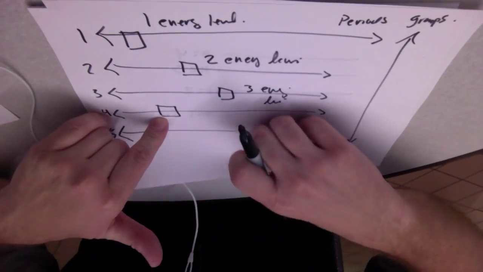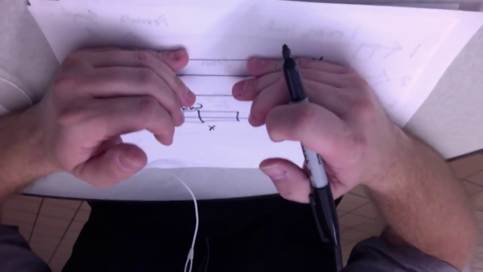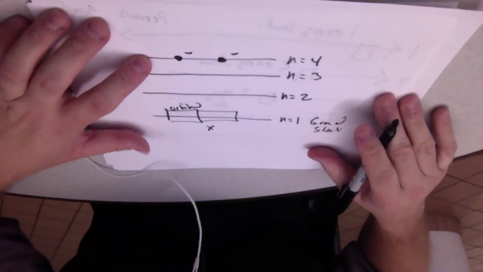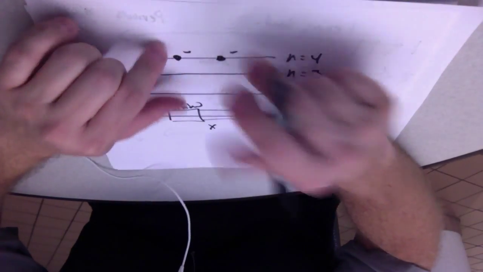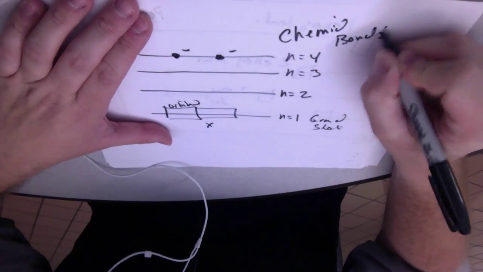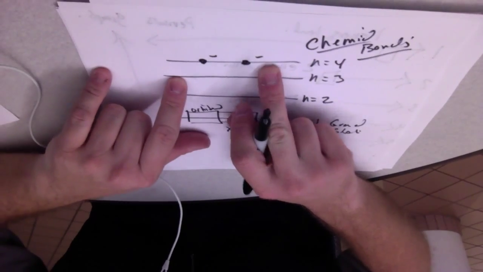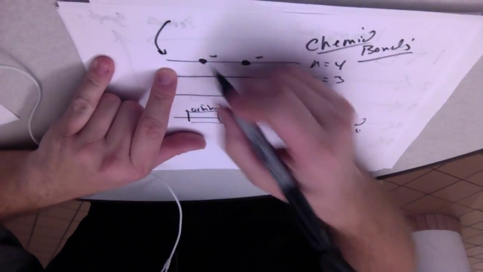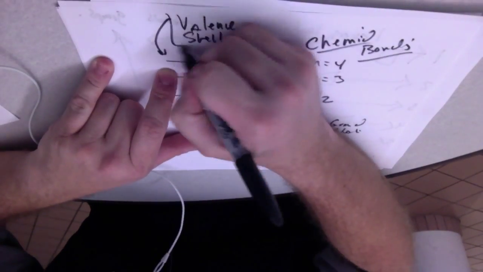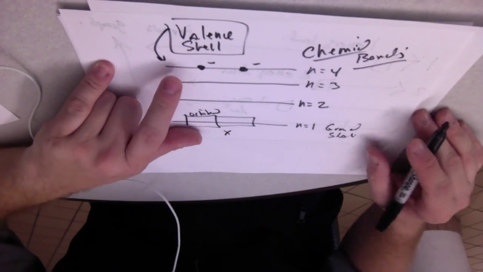In chemistry, I am most concerned with that 4th level of energy, that outer level of energy, electrons that exist in this outer level, because this is where chemical bonding is concerned. This is where our chemical bonding occurs in this outer energy level. And so important is this that we call this outer level of energy the valence shell.